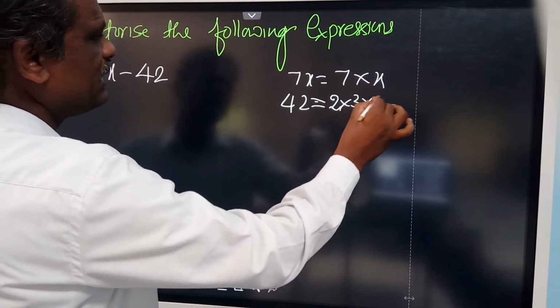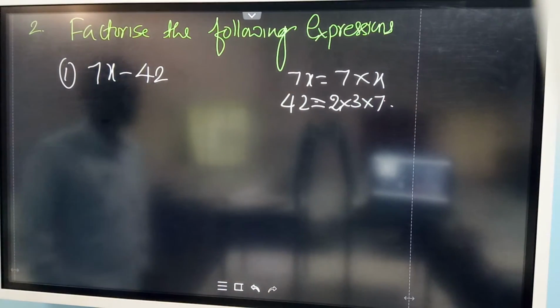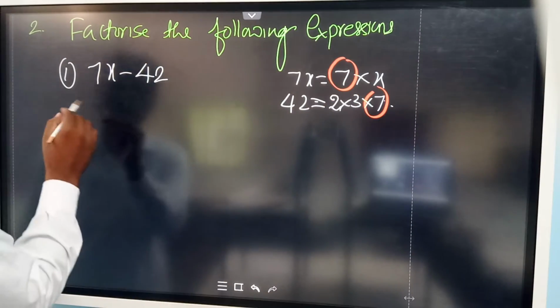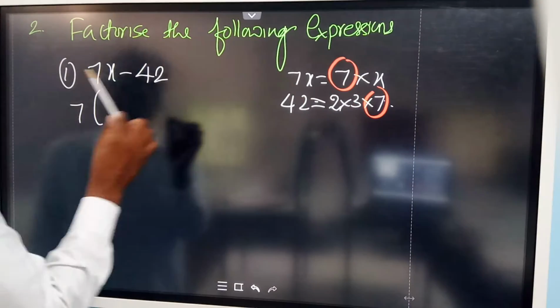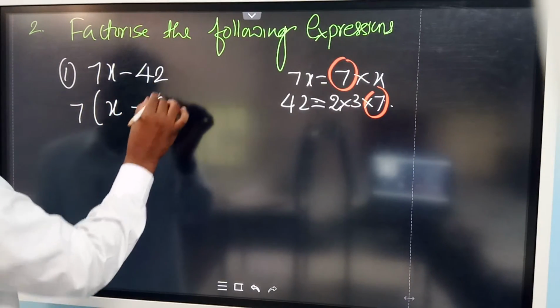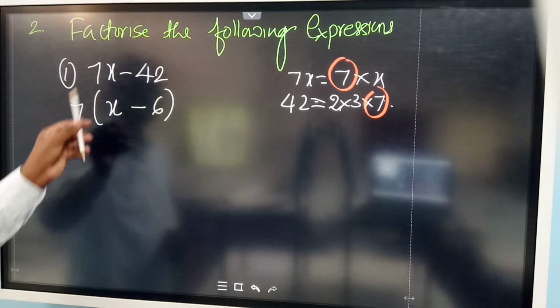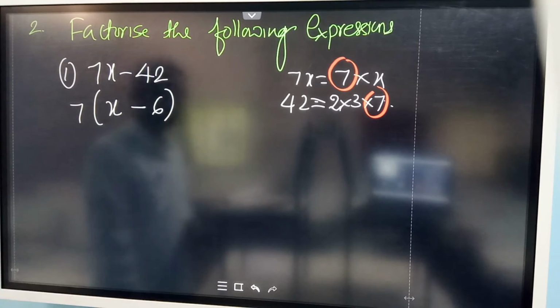You have only 7 common, so you take 7 common. Once you take 7 common, what will be left out here? x minus 6. 7 into x is 7x, 7 sixes are 42.